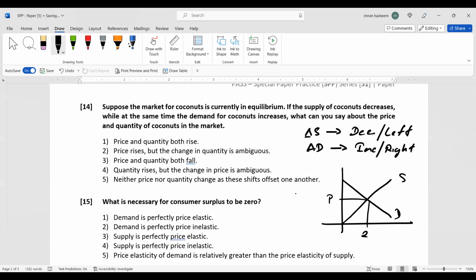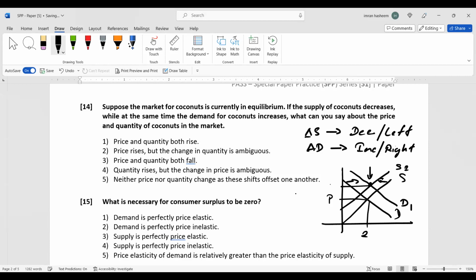Then it says supply decreases, so create a leftward shift in supply, S1, and demand increases, a rightward shift in demand. Now, if I do it in the exact same proportion, the new equilibrium at S1 D1 is here.